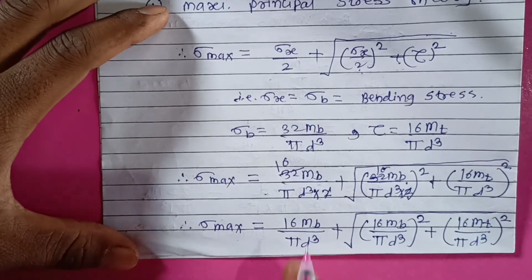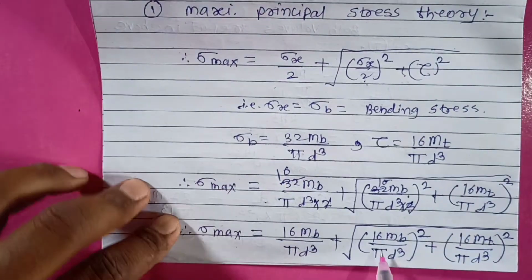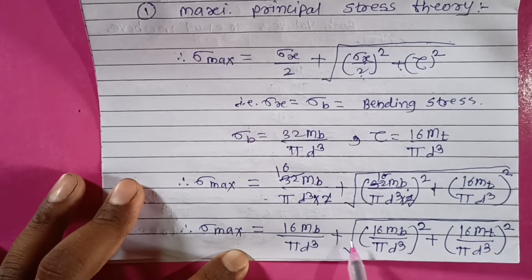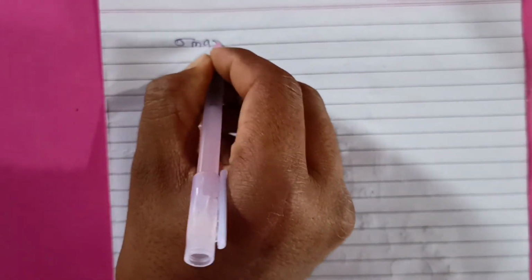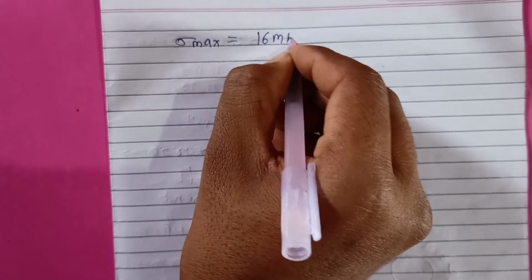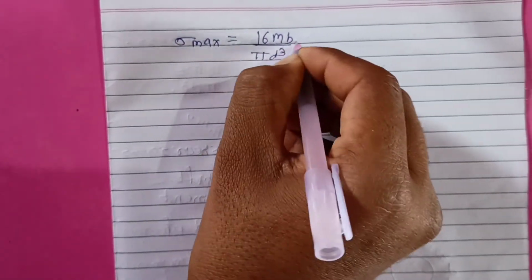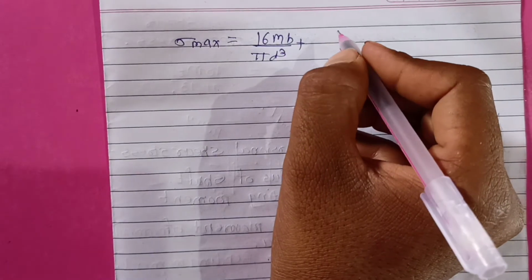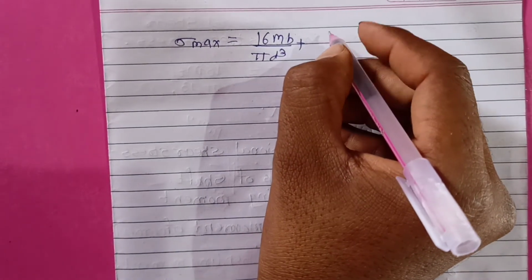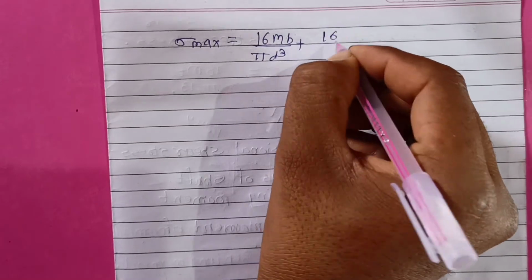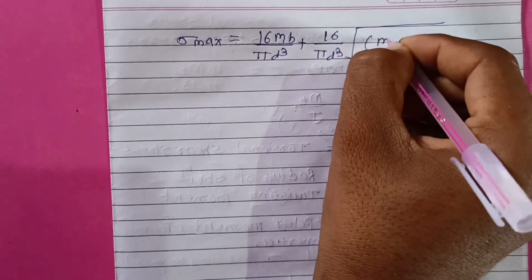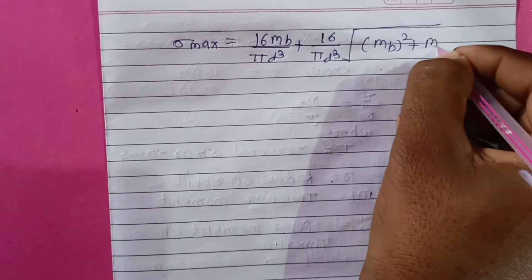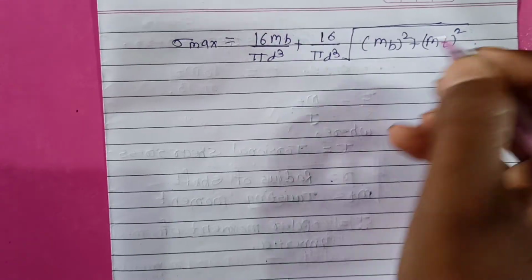Now take the common terms inside this root and take them outside. How is it possible to write? Sigma max is equal to 16 mb divided by pi d cube plus 16 divided by pi d cube under root mb bracket square plus mt bracket square.